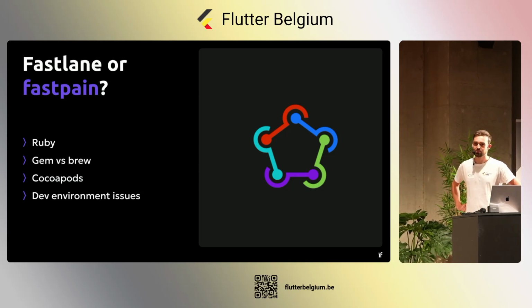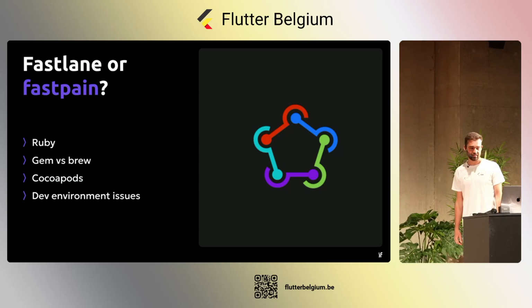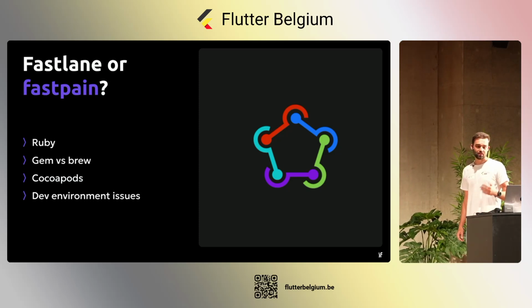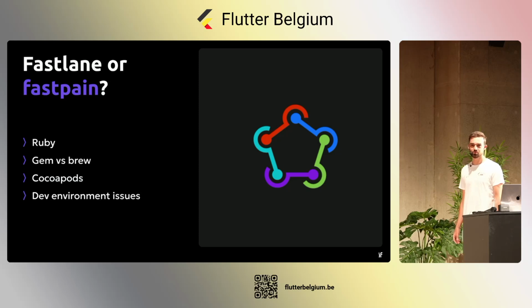So it's quite hard to figure out where the issues are. Every time I bought a new PC or did a clean install and needed to install Fastlane to build my projects, I always had the same issue where CocoaPods could not be found, and it was always something that I had to search a couple of hours for, and then your day is ruined, of course, because you want to do productive stuff.